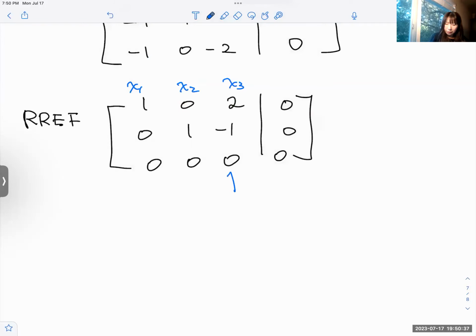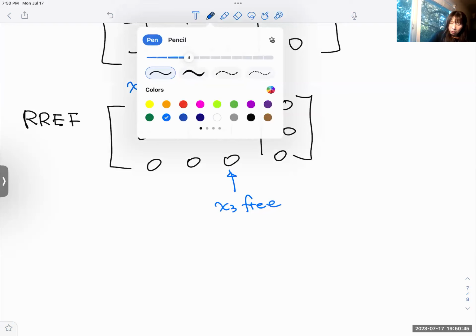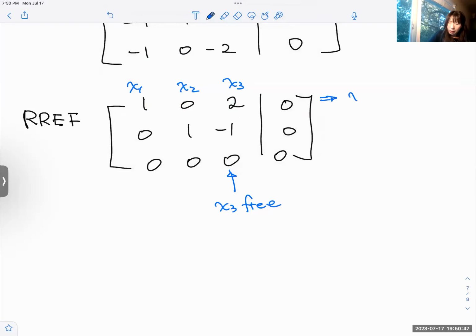So we get x of 1 plus 2x of 3 equal to 0. We have x of 2 minus x of 3 equal to 0.